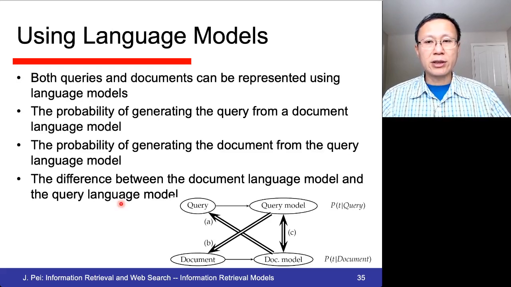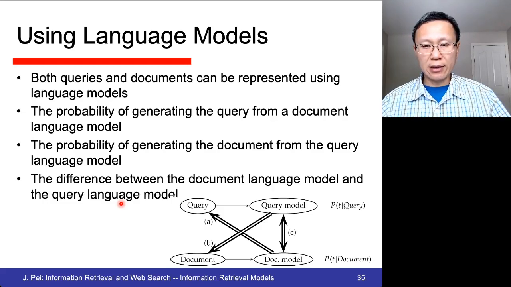We can build the language models for both the queries and the documents. Because we have a query and we have documents, we can build a query model and a document model. We can use those language models in many different ways.